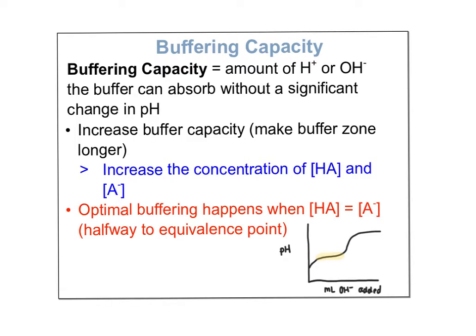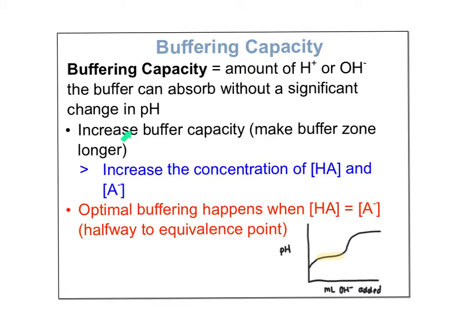There's a phrase called buffering capacity, which basically tells you how good the buffer is. It's how much H+ or OH- a buffer can absorb without the pH changing much. If I have high concentrations of A-, that means I can absorb a lot of H+. If I have a high concentration of the weak acid HA, that means I can absorb a lot of OH-.